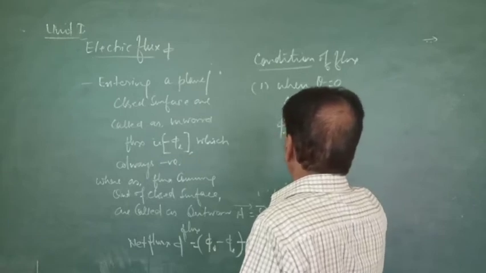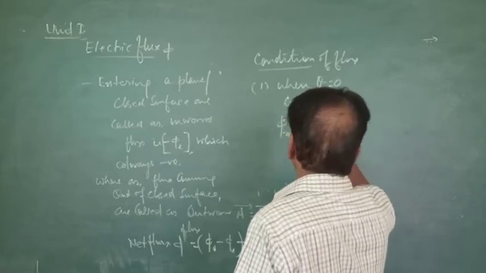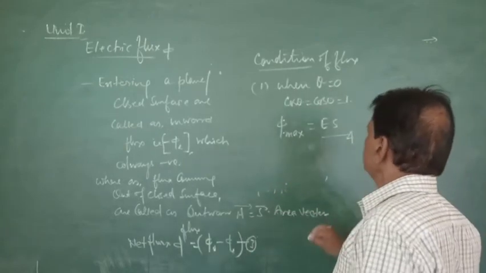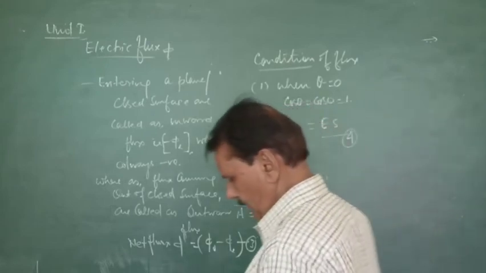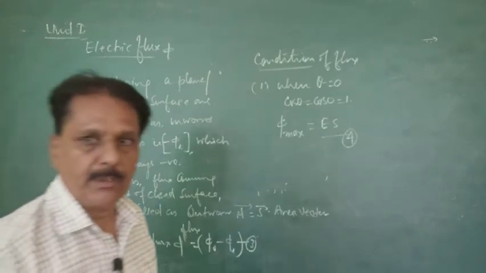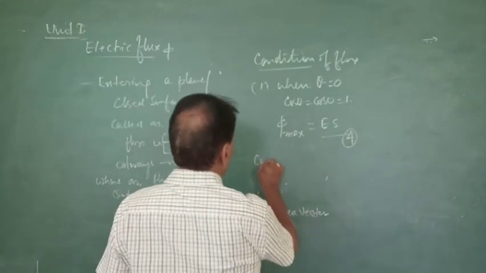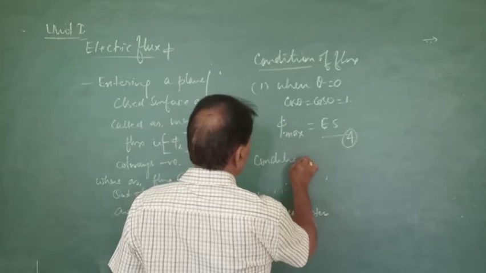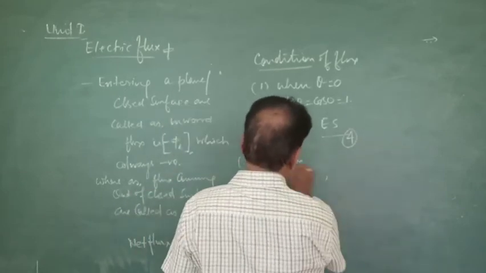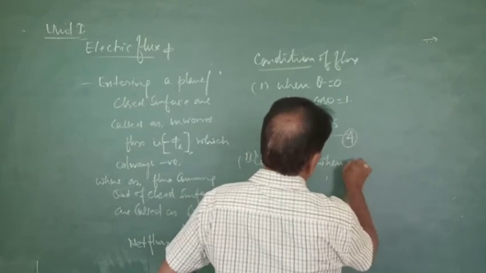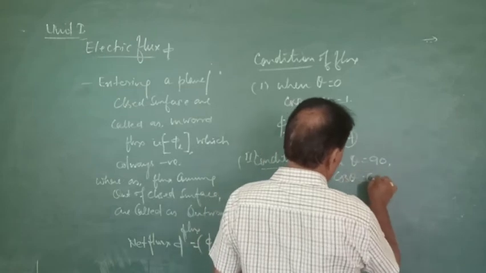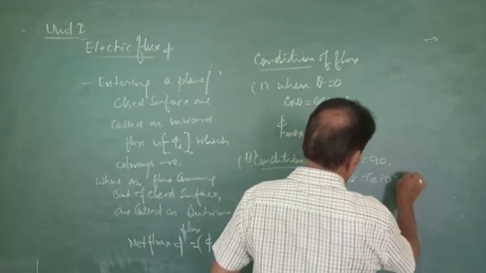Therefore, phi will be maximum and that will be E into S. Similarly, condition 2 states that when theta is 90, then cos theta is cos 90, that is 0.